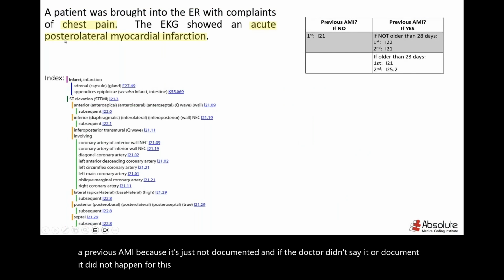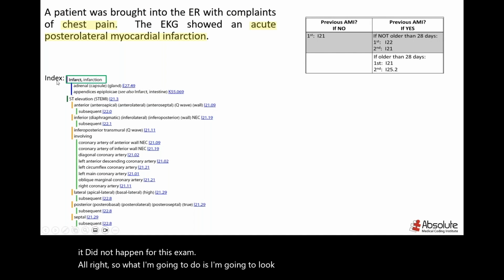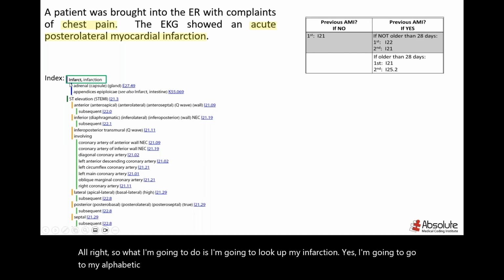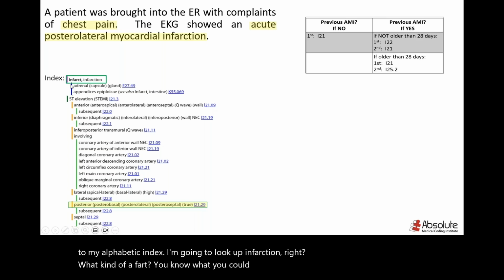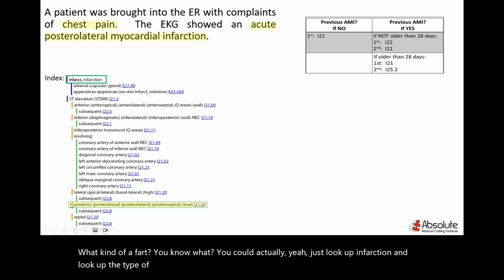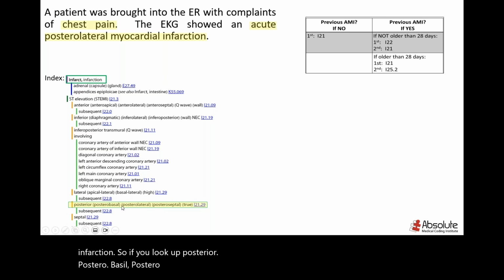All right. So what I'm going to do is look up my infarction in the alphabetic index. You could just look up infarction and then look up the type of infarction. So if you look up posterior, posterobasal, posterolateral, there you go. Posteroseptal, I21.29. There is our infarction.